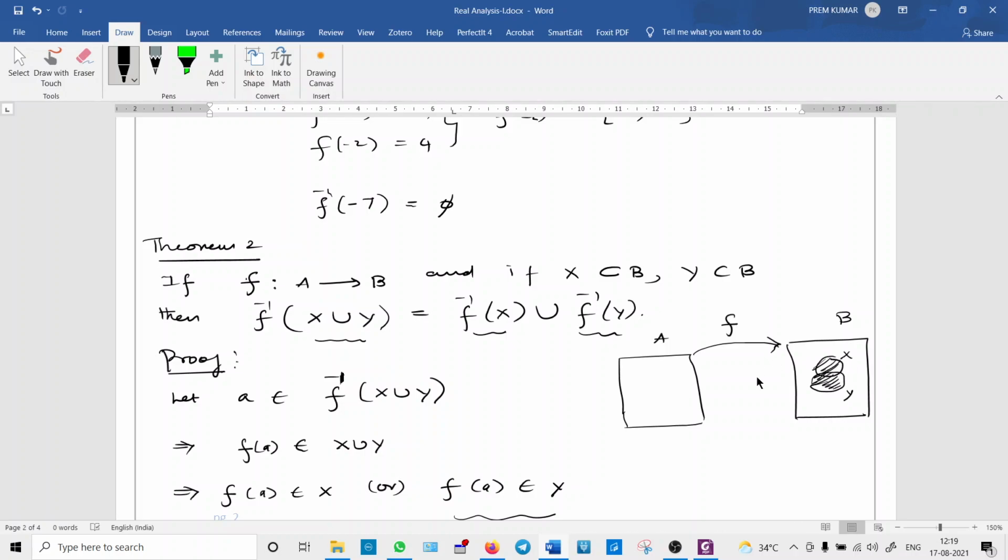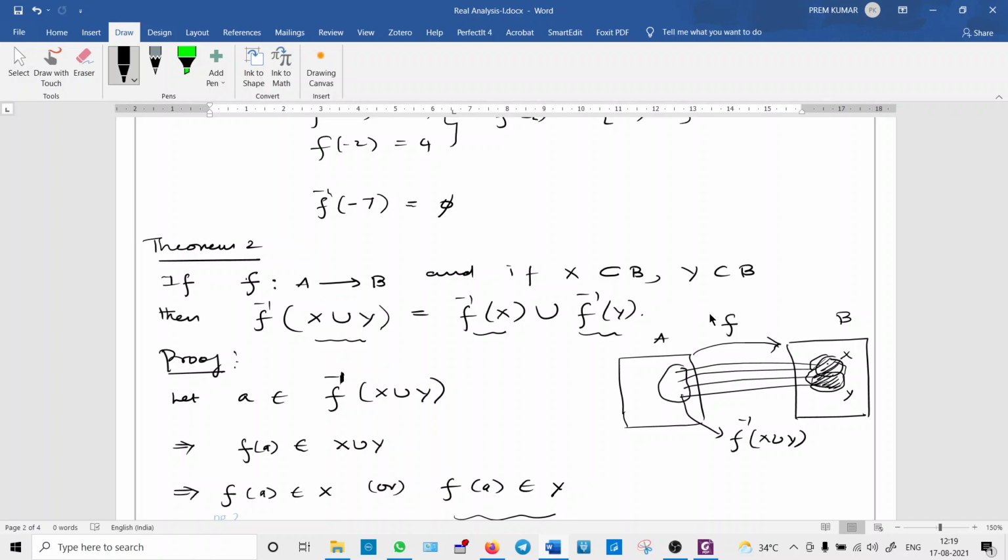So what is f inverse of x union y? What are the pre-images of every element in this set? Every element in this set has a lot of pre-images. That set we call f inverse of x union y.